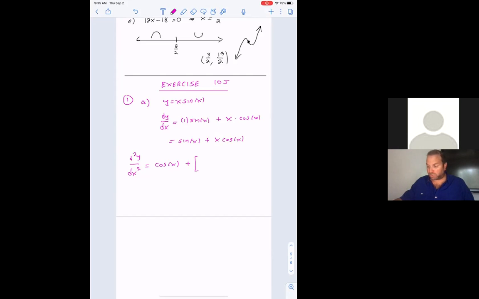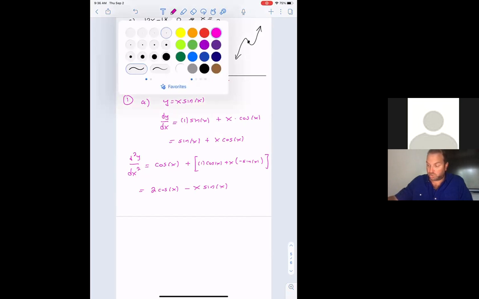I will use the product rule, which says derivative of the first times the second untouched, plus the first times the derivative of the second, which is negative sine of x. So my answer is cosine of x plus another cosine of x for 2 cosine of x minus x sine of x. So that is A.